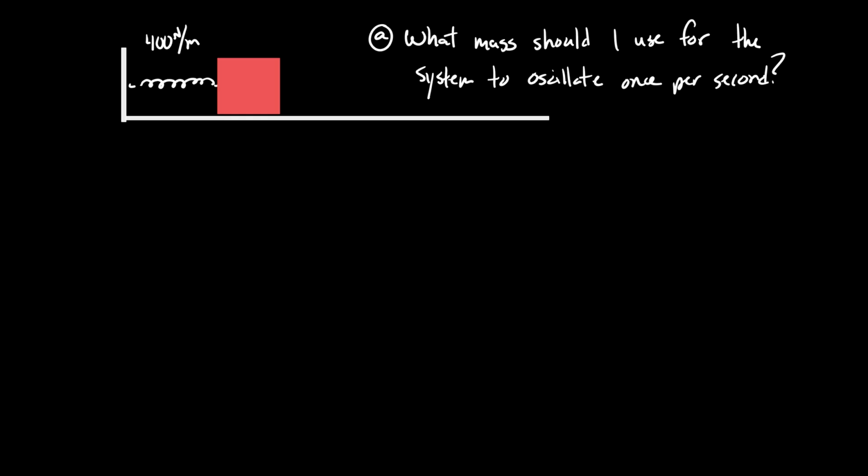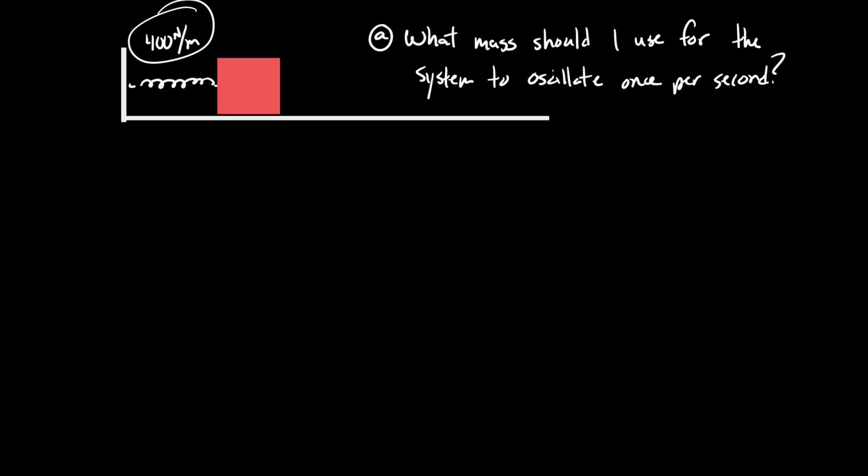All right. What did I give you in this problem? I did give you K. What else did I give you? I didn't give the displacement at all, actually. I gave either the period or the frequency, depending on how you look at it. I said it's going to make 1 oscillation per second, which means 1 second per oscillation.